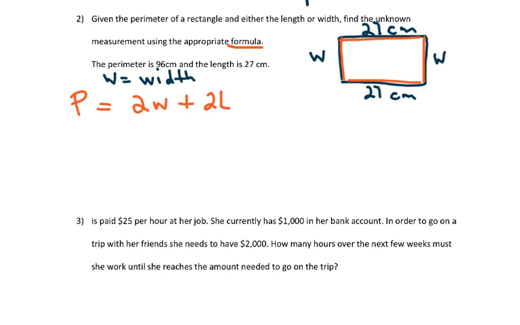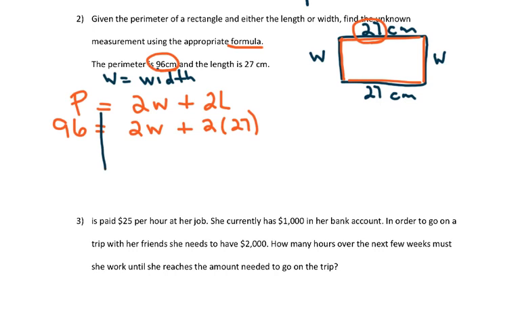And we already know the L is 27, so we're going to plug that in for L. And we know that the perimeter is 96, so we plug that in for the P. So P is 96, 2W, we don't know the W, plus 2 times the length, which is 27.